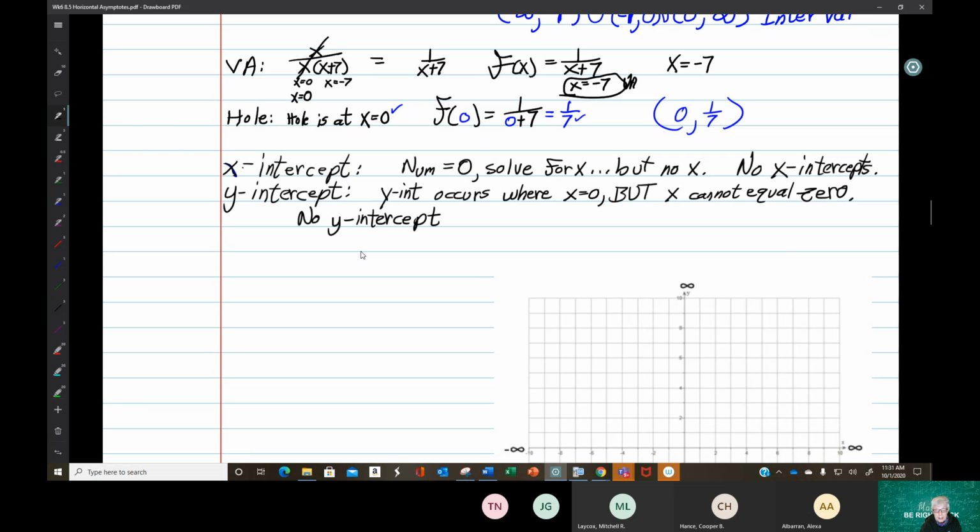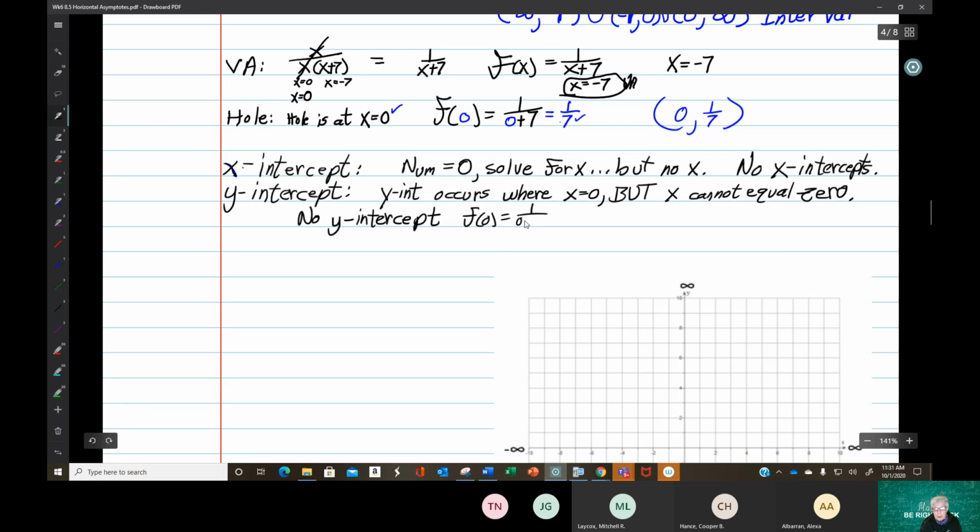Where would our hole have been if we could have? At 0, 1/7, that's where our hole would be if we could use 0. And that's precisely how we would find the y-intercept, f of 0.